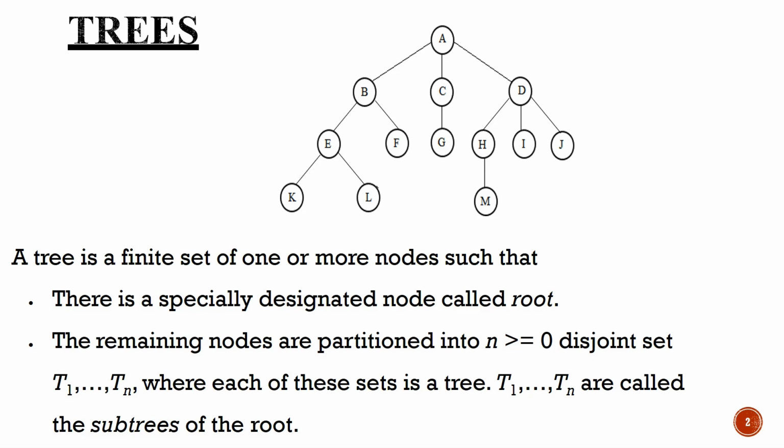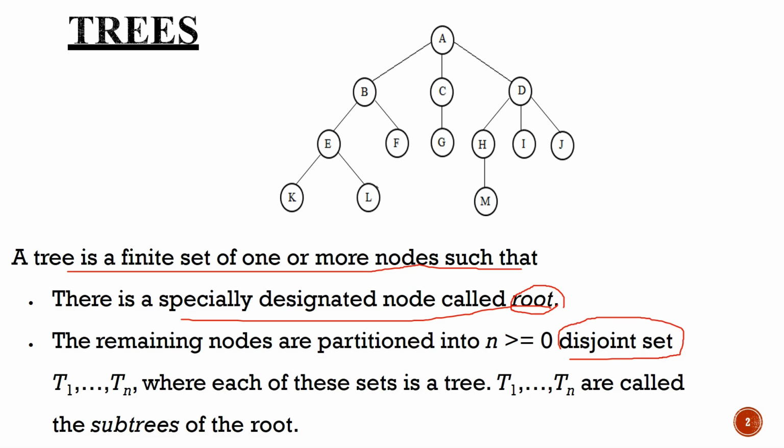If we go with the definition of the tree, a tree is a finite set of one or more nodes such that there is a specially designated node called the root node. The remaining nodes are partitioned into disjoint sets.